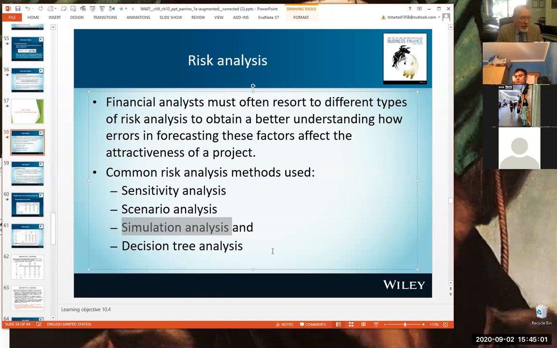And so Monte Carlo looks very impressive, and your computer might have spent, you know, the 14 hours between knocking off and coming back to work it out, but it's not telling you nearly as much as it appears to be. The fourth form of risk analysis is the decision tree analysis.